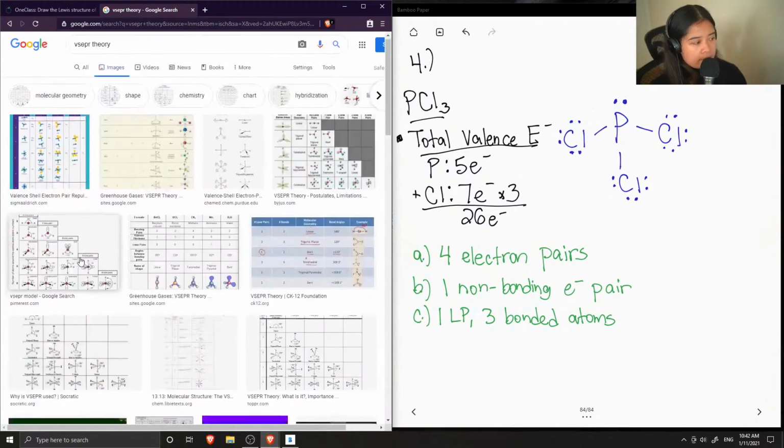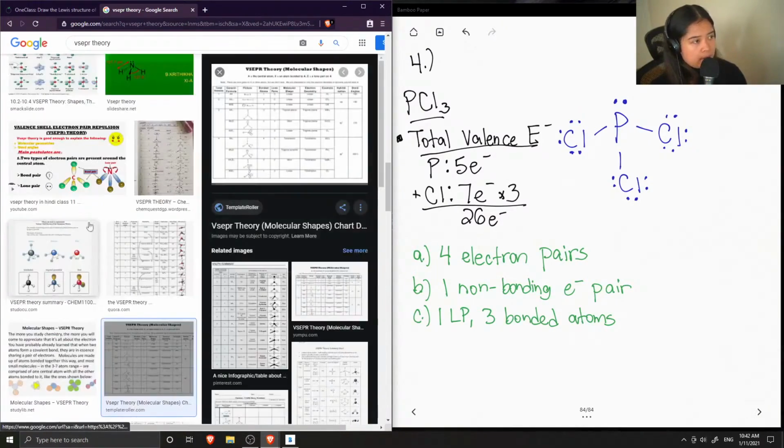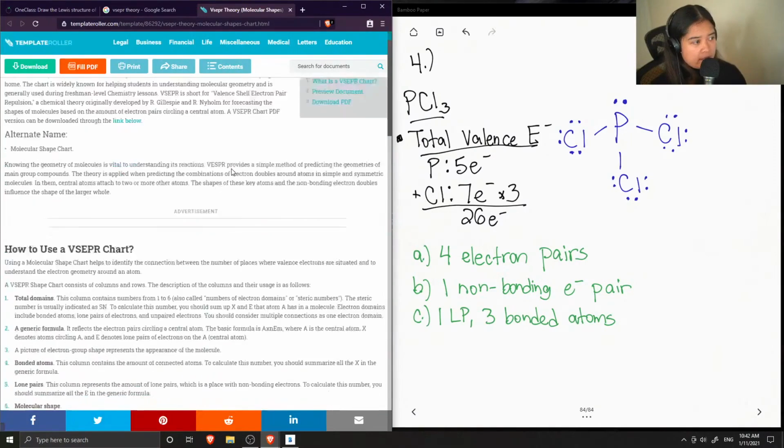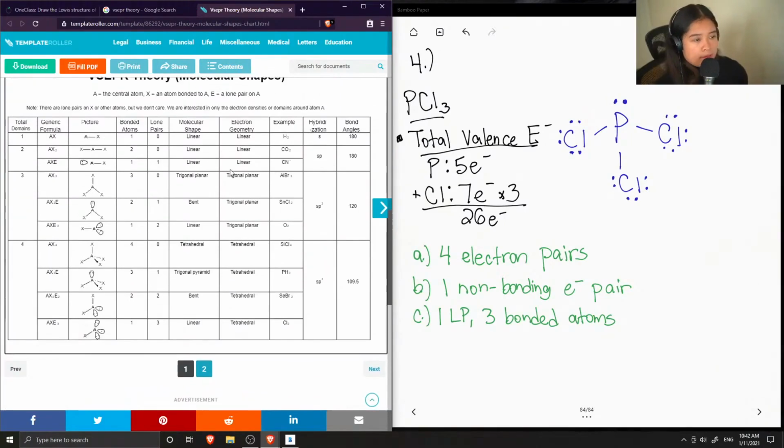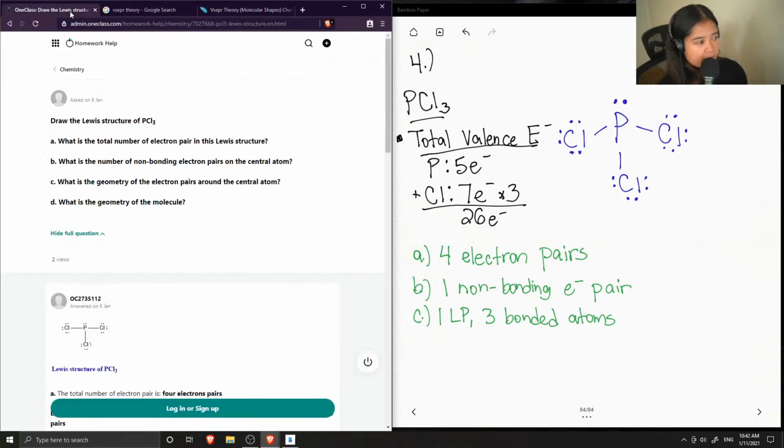I like to find a table that has everything. We have 3 bonded atoms and 1 lone pair. This corresponds to a trigonal pyramid molecular shape, and a tetrahedral electron geometry.